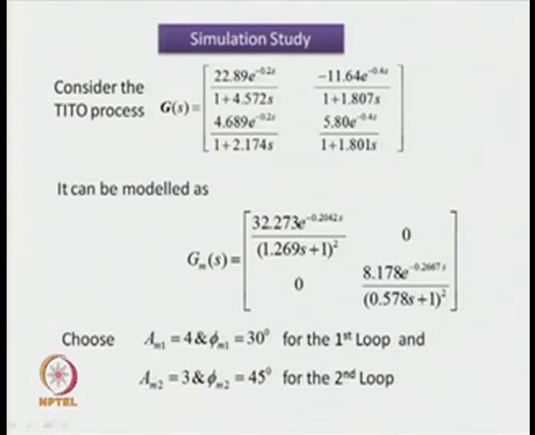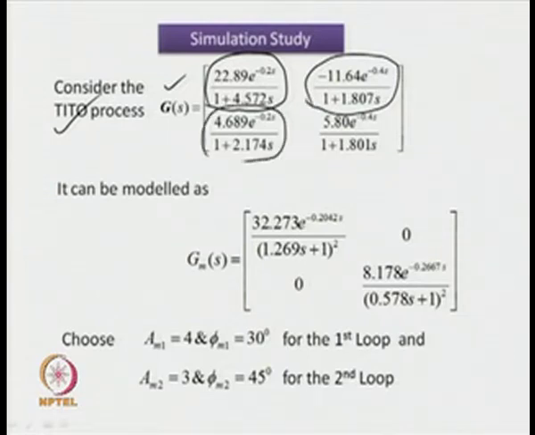Let us consider a TITO process dynamics given by this transfer function matrix G(s), which has 4 elements, and each of the 4 elements is a first order plus dead time representation. So, we have enough interactions in the TITO system.